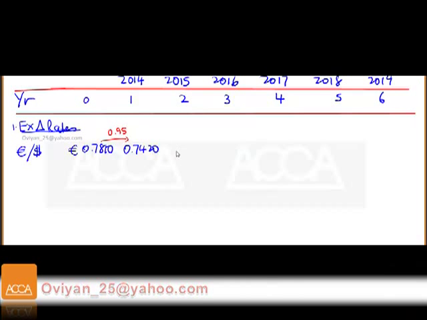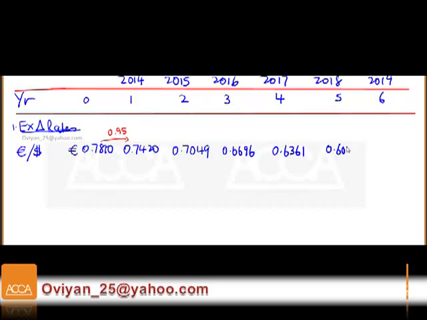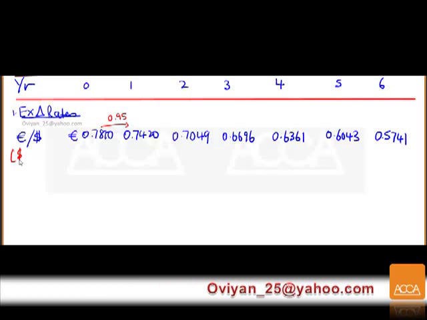So every year you're going to depreciate this by 5%: 0.7049, 0.6696, 0.6361, 0.6043, 0.5741. Okay, dollar devalues by 5%.